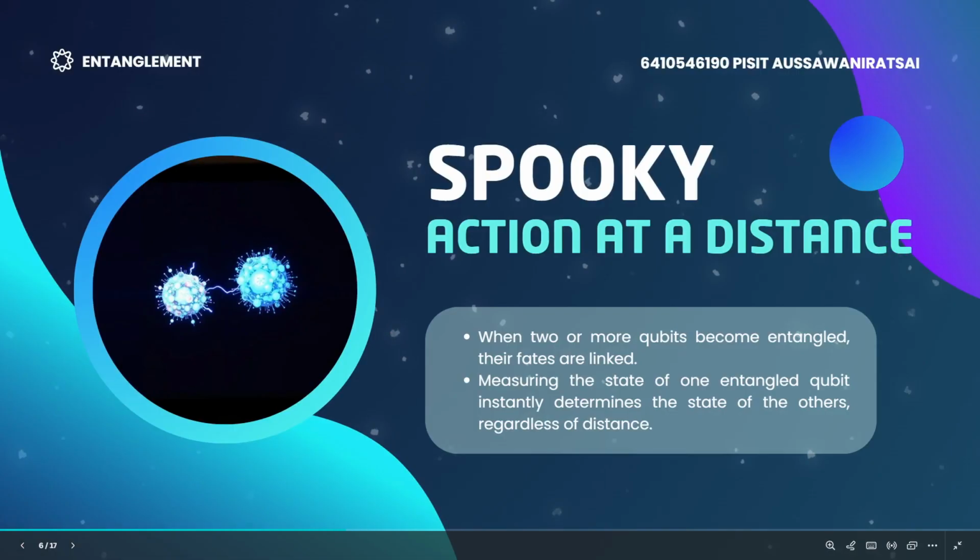Another crucial quantum computing phenomenon is entanglement. When two or more qubits become entangled, they become intrinsically linked. Their states are intertwined in such a way that measuring the state of one entangled qubit instantaneously tells you the state of the other, no matter how far apart they are.